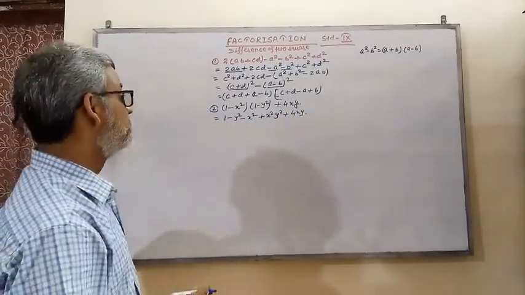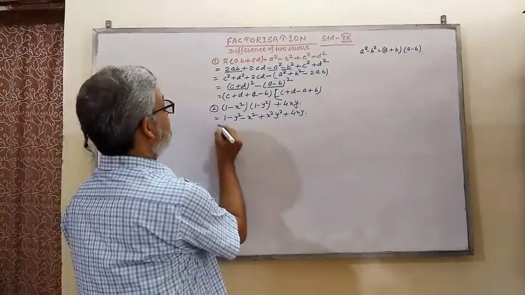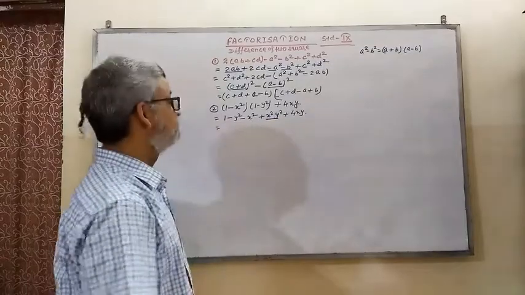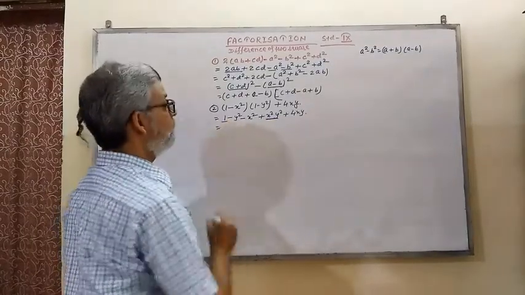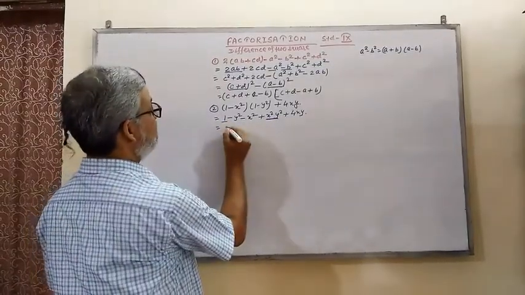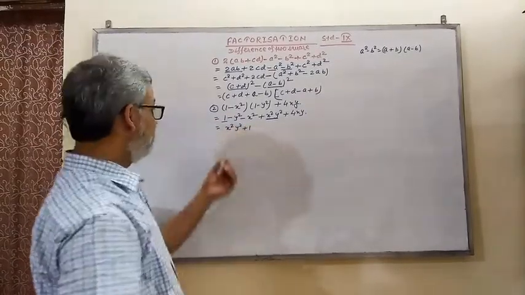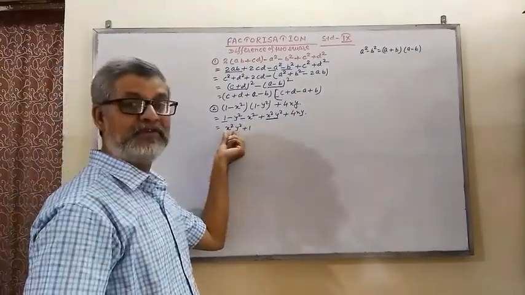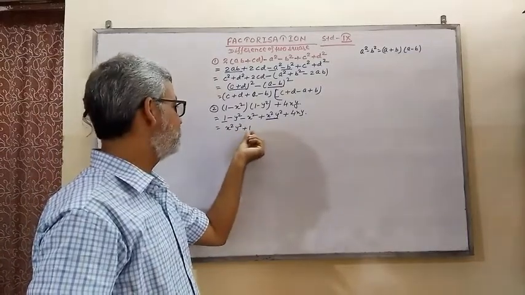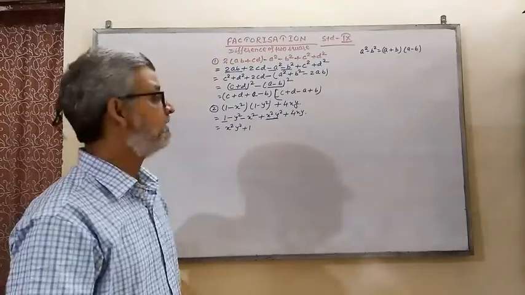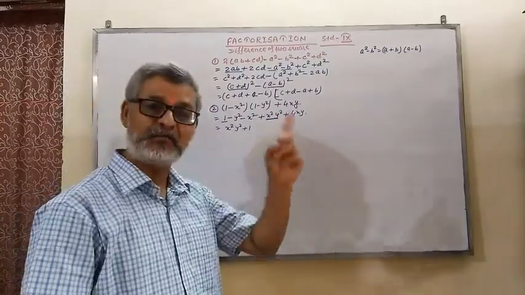Now you see here x square y square, and this one is also positive. So this can be written as x square y square plus 1. If you think this is a square, meaning xy whole square, and this is b square, meaning 1 square, then what is the value of 2ab? That will be positive 2xy.